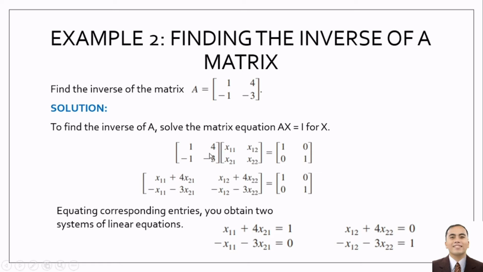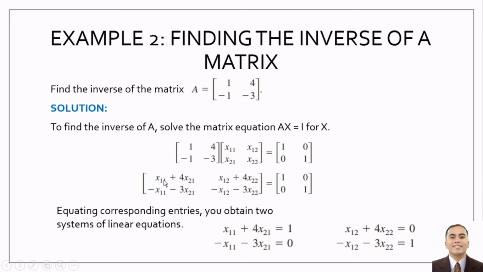So here we have matrix A, [1, 4; -1, -3], and we multiply by X, which has entries x11, x12, x21, and x22, equal to the identity matrix [1, 0; 0, 1].